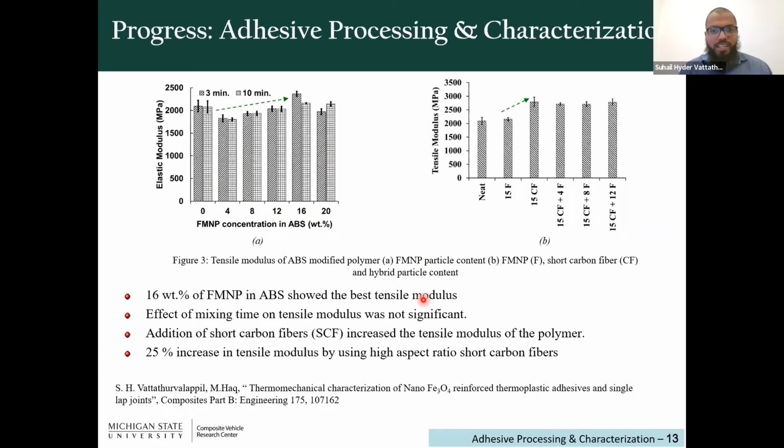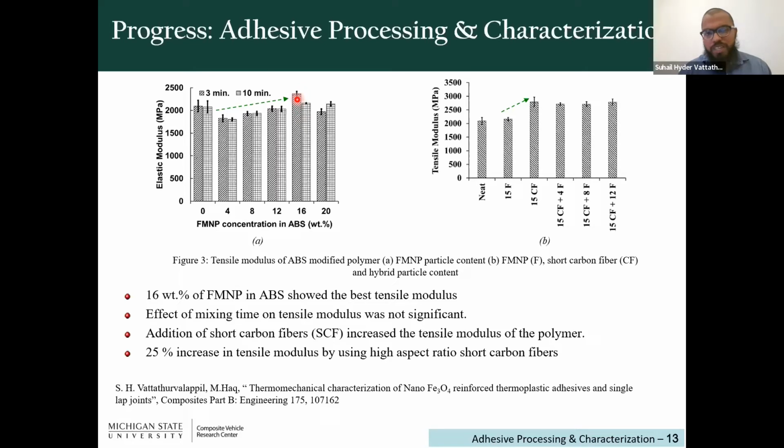Going into the mechanical properties, you can clearly see that ferromagnetic nanoparticles are basically spherical in nature, so the enhancement of mechanical properties is very limited with this nanoparticle. Hardly any increment was observed with respect to neat ABS, even at 16 weight percent.